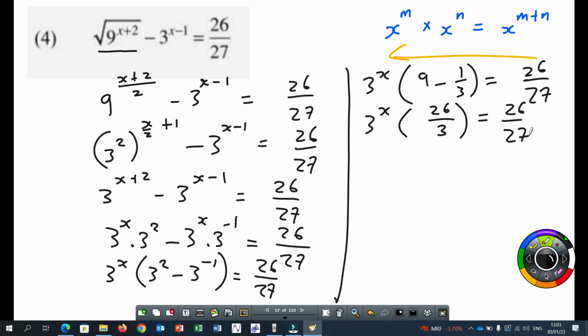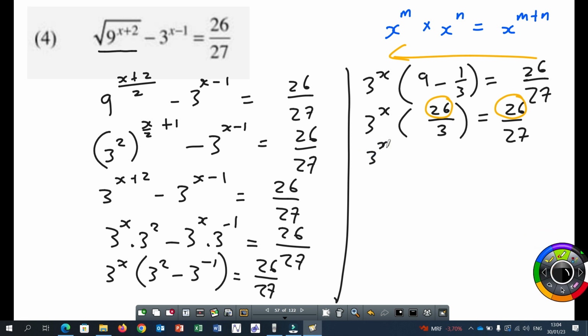Now, because I'm getting this, from experience, I'll start smiling already because I know that those two 26s, when I divide both sides by 26 over 3, the 26s are going to cancel out. You should be able to see that from a distance as you do the question. Right, so this becomes 3 to the power of x equal to 26 over 27.